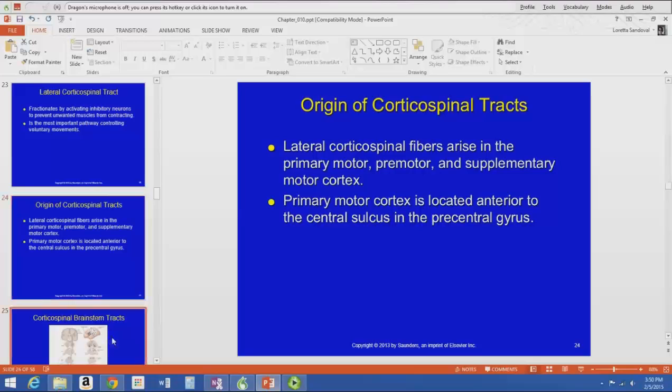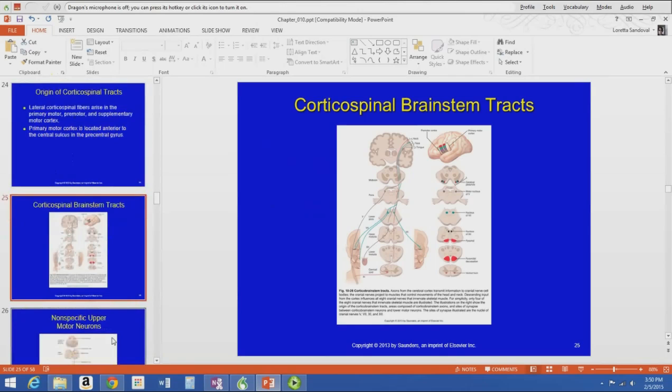So each area of the cerebral cortex has its own function, and the primary motor cortex is its own little place. There are some pictures in the book showing the individual tracts, and I certainly don't expect you to memorize these, but one thing that is important to know is that unlike the sensory tracts, which cross over at different points in the spinal cord, the motor tracts all cross over in the brain stem.